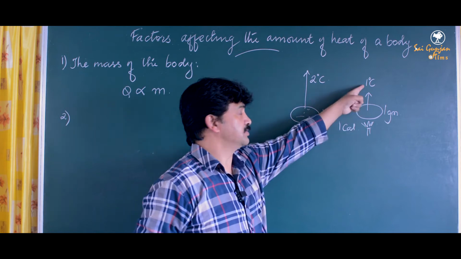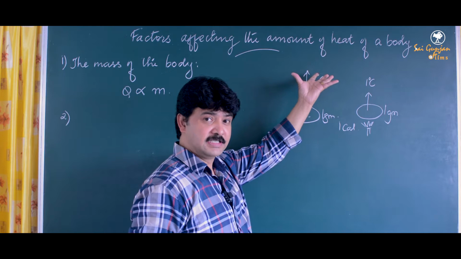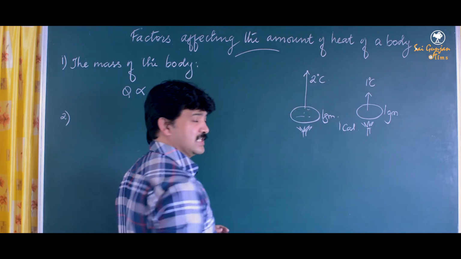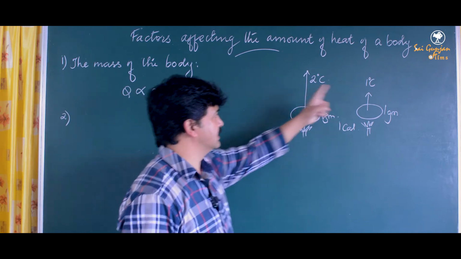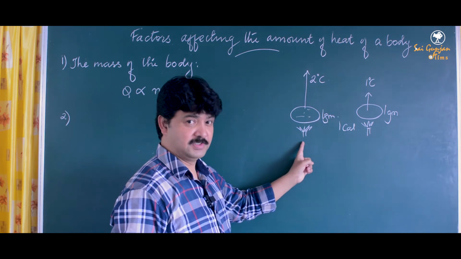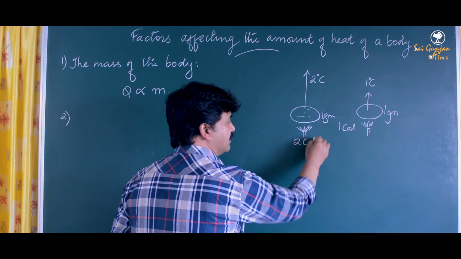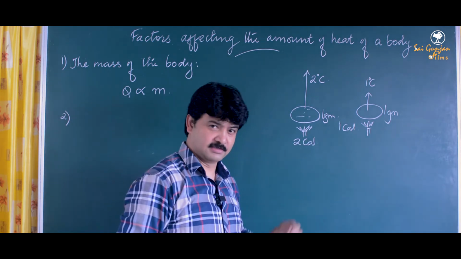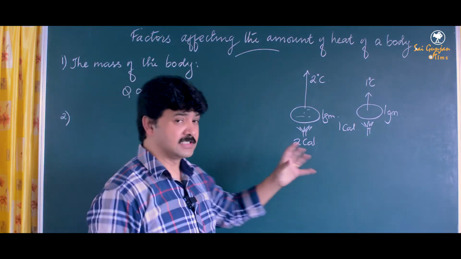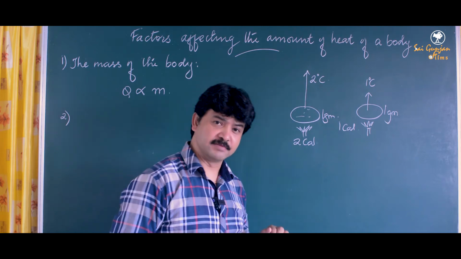Here the rise in temperature was only 1, but here it is 2. So the heat required will also be more. Since the temperature rise is doubled, keeping the mass the same, the amount of heat will also be doubled. In this case, instead of 1, 2 calories of heat will be required. That's why we say the amount of heat contained in a body also depends on the rise in temperature.